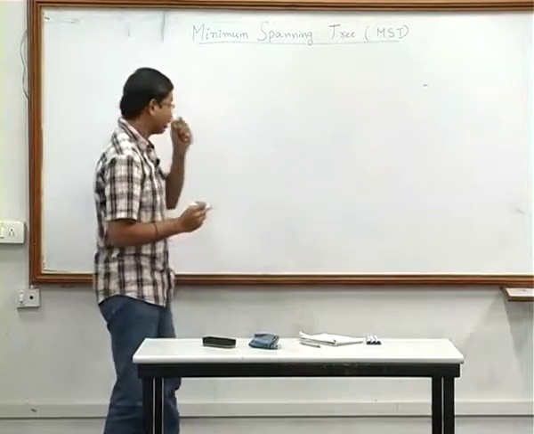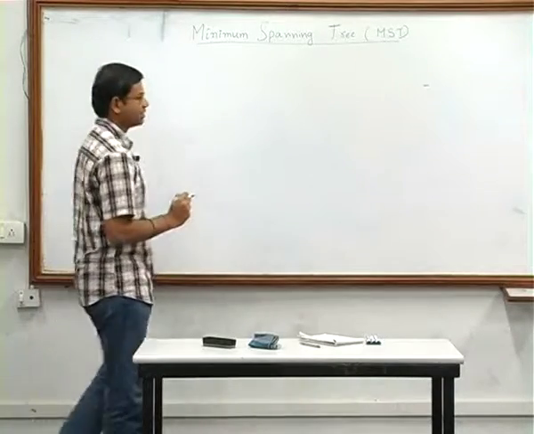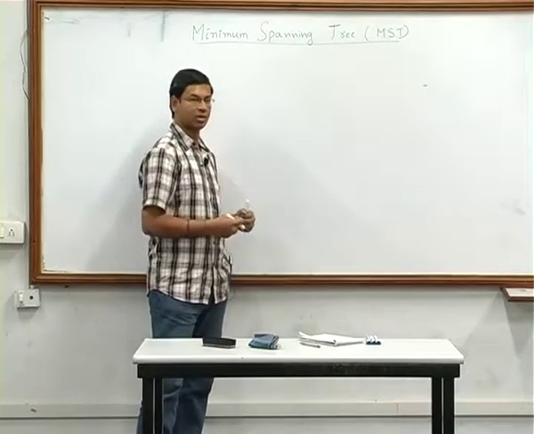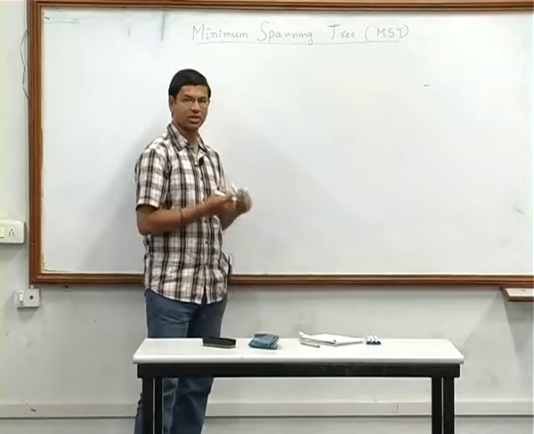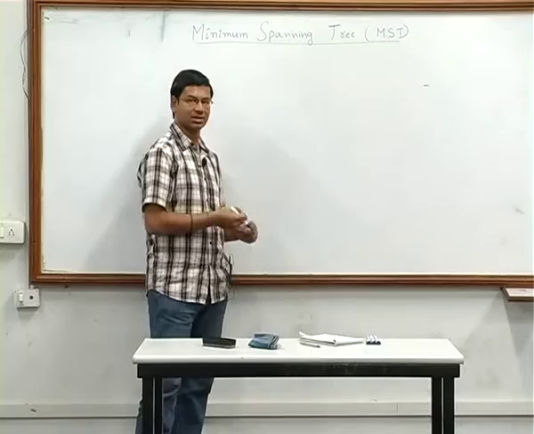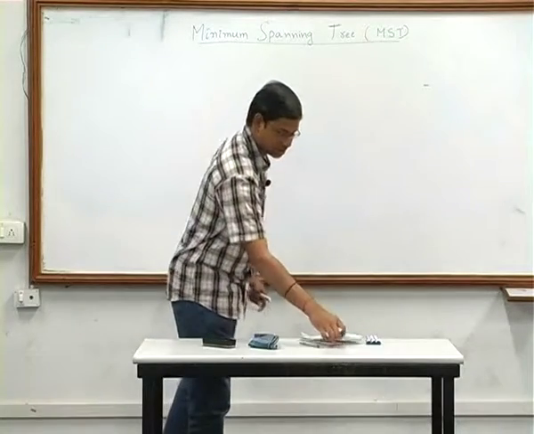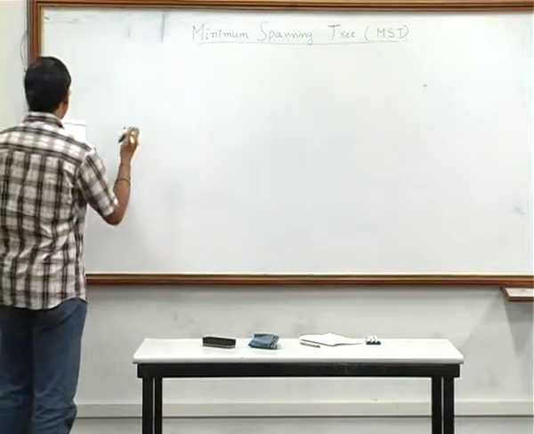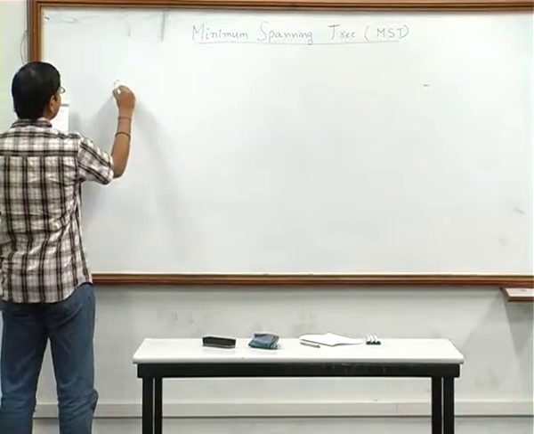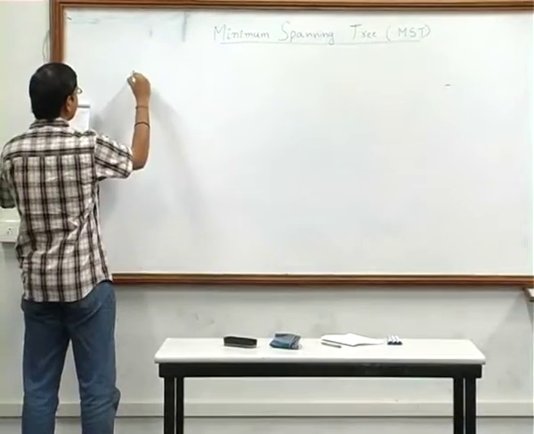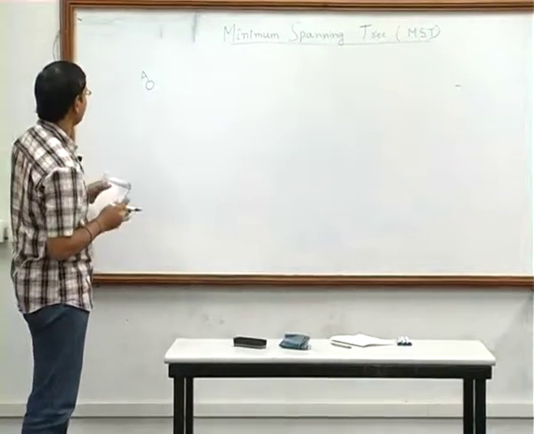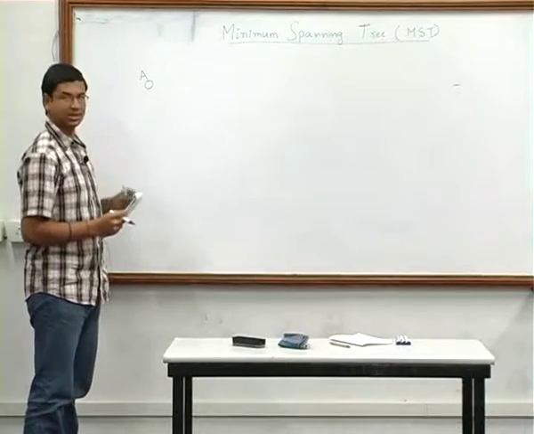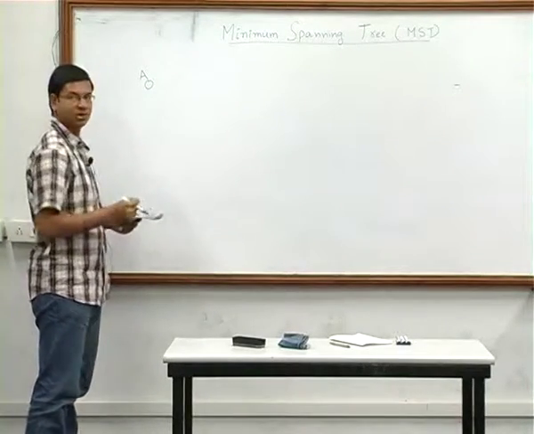Okay. So in the previous lecture, we have seen, given a graph, how to represent it in a computer. Okay. So we have seen how to represent using an adjacency matrix and an adjacency list. Okay. So for now, let's take a common example for this lecture and consider this graph. So imagine we have a country and there are some cities, and we want to connect these cities using some roads.